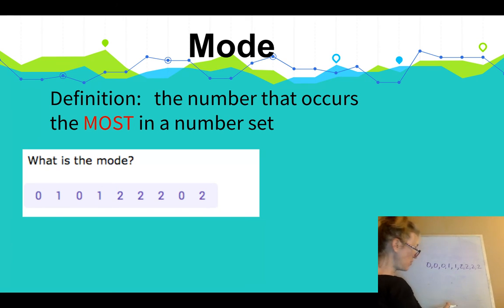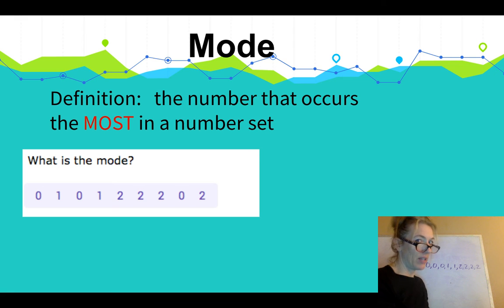So, and I hope you can see this, I do have duplicates, and I wanted you to see an example where there's a lot of duplicates. But in this example, the mode for this data set is going to be 2. 2 is my answer because I have the most of them. I have 4. That data piece occurs most often.